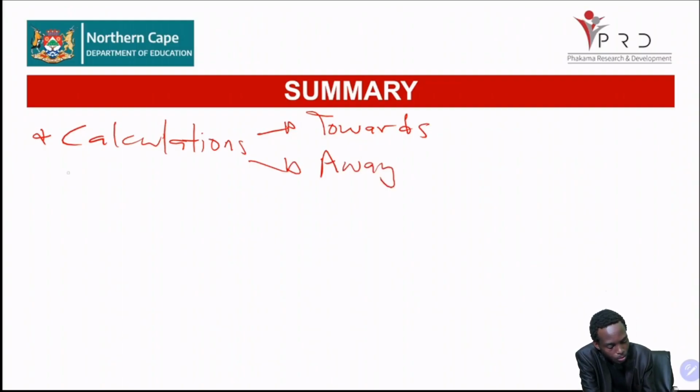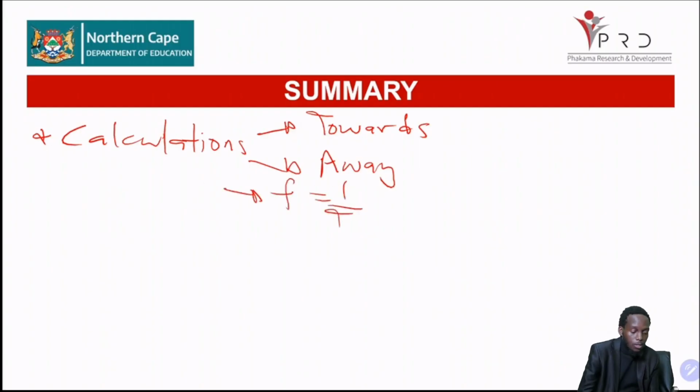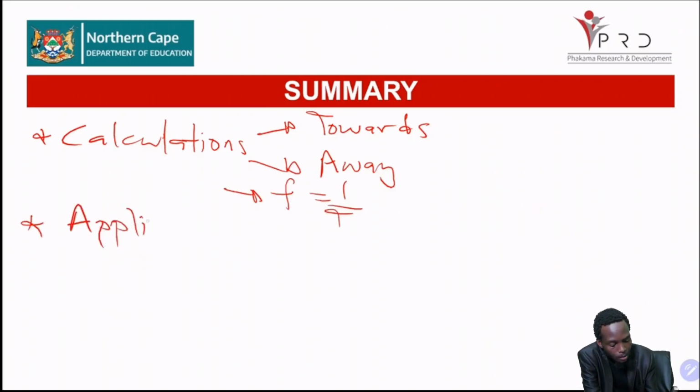You also saw how to calculate frequency when given a graph. Very important knowledge there. And then we also looked at the applications of Doppler effect to say in medicine it's used for this, in law enforcement it's used for this, and in astronomy as well. So I hope as far as Doppler effect is concerned, you are now better prepared to tackle your exams.